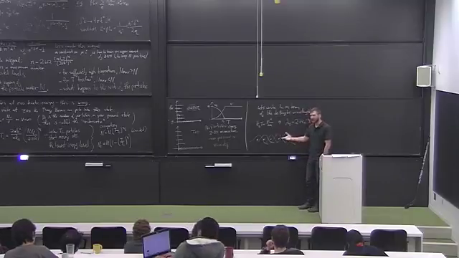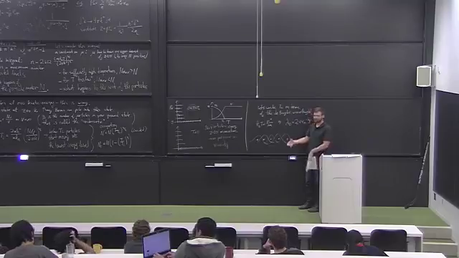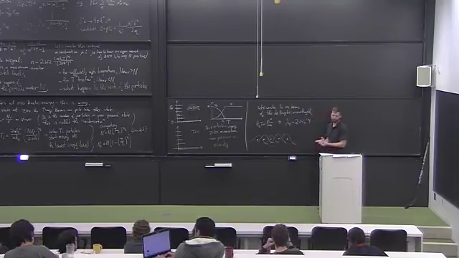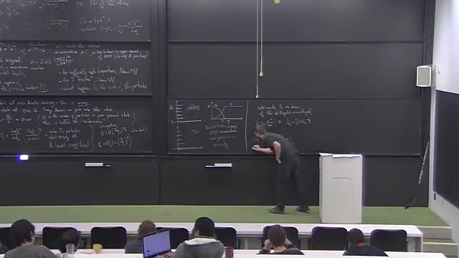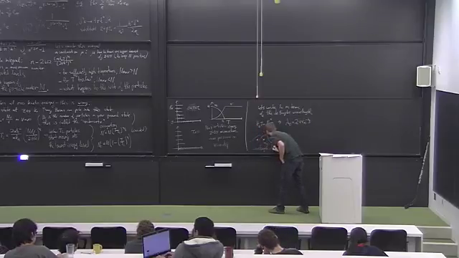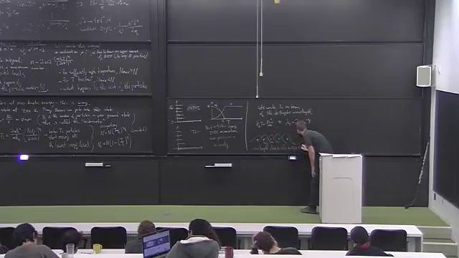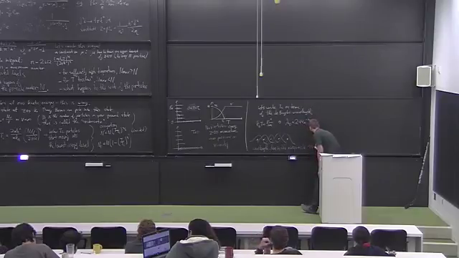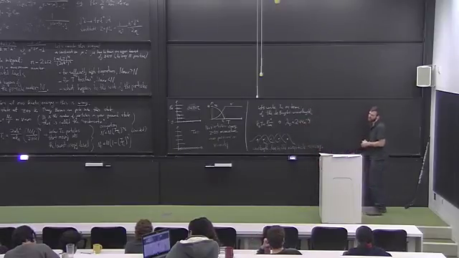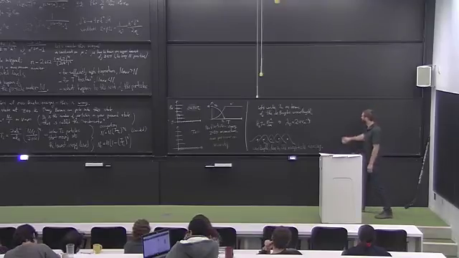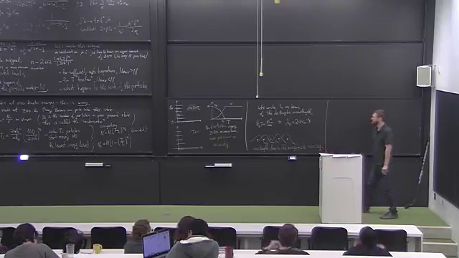And then this overlap of the wave function is what gives you this Bose-Einstein condensate. Okay, so it's just kind of a nice intuitive picture.